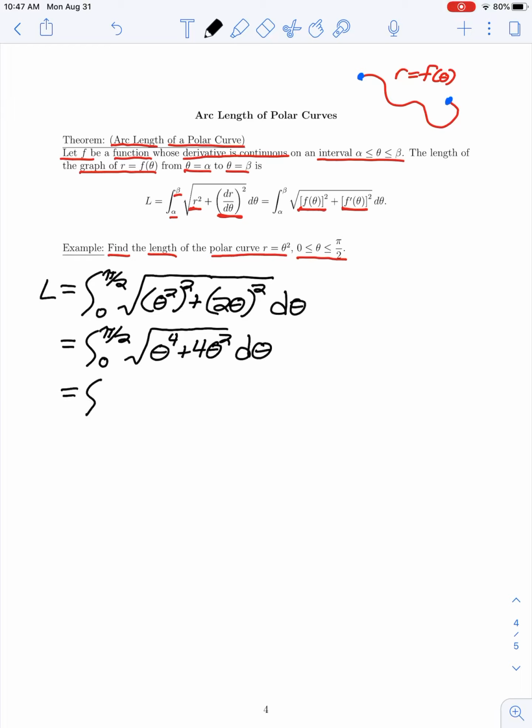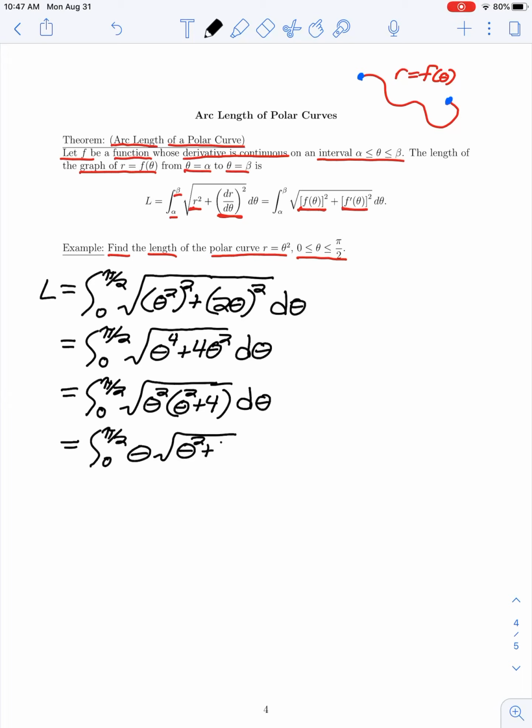Now from the expression under the radical, I can factor out a theta squared from each term, which leaves me with theta squared plus 4, d theta. And then taking the square root of that, I have the integral from 0 to pi over 2. Now the square root of theta squared is just theta, and then I'm left with the square root of theta squared plus 4 d theta.